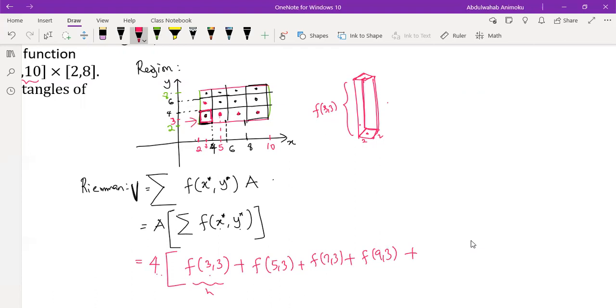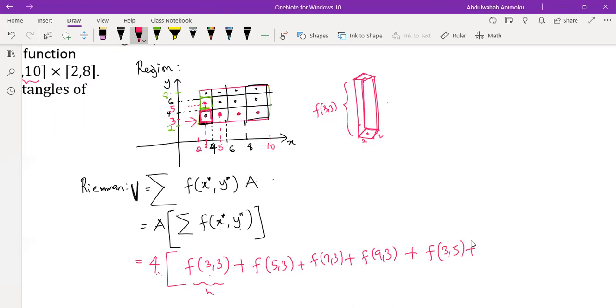In the next row, for this particular region, what do we have? F of what? Remember the area is still 4, so it's 4 times height. And what will be the height now? F of (3, 5): you can see when you trace, X is 3 and Y is 5.